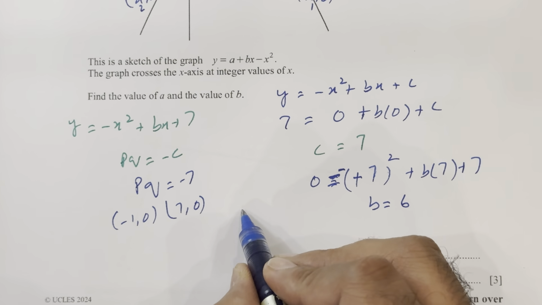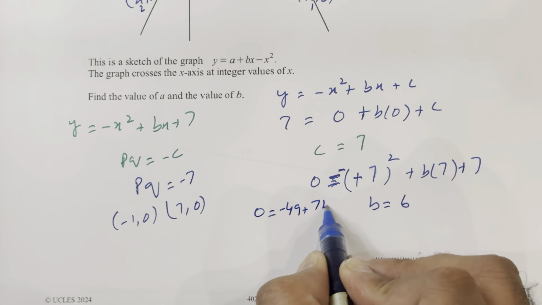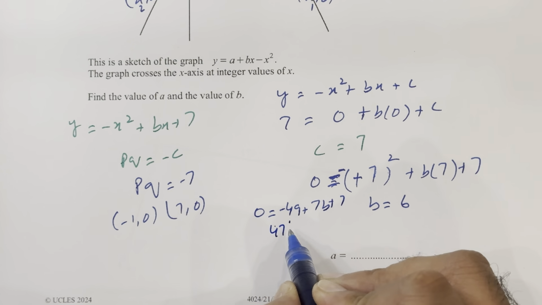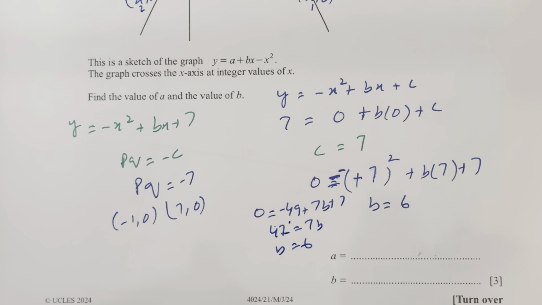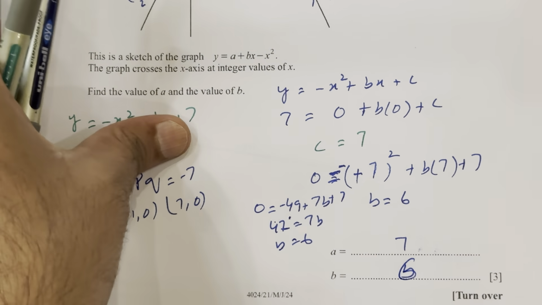You can solve it: 0 = −49 + 7b + 7, it is 42 = 7b, then b is equal to 6, and the value of a would be 7, because this value is 7, this 0 and −1, 0. So you get the answer of 7 and 6, and this was a very rare question.